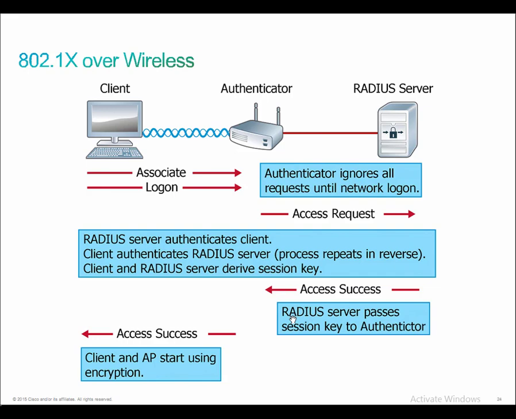The supplicant, the client, sends an authentication request, receives an authentication response with a success status, and for that reason, the wireless network that uses 802.1x is kind of seen by wireless scanners as having open authentication, even though it's open to associate to the SSID, but it's not necessarily guaranteed that you're going to be able to pass traffic. You're still able to pass .1x traffic, but you can't pass regular data traffic.